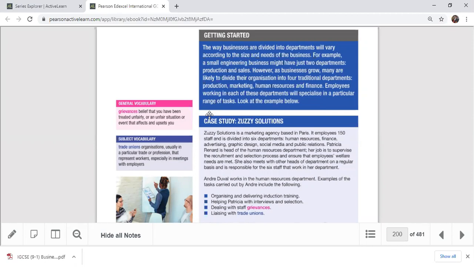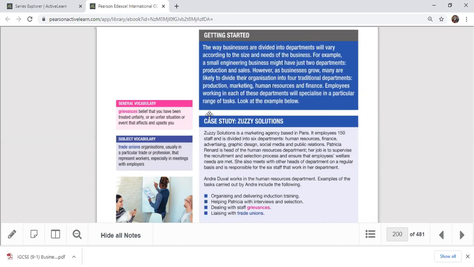The four traditional departments that you make sure to know are production, marketing, human resource, finance. Production, marketing, HR, finance, right? Production department produces the goods mainly. Marketing department, they go and sell those items and bring money to the organization.